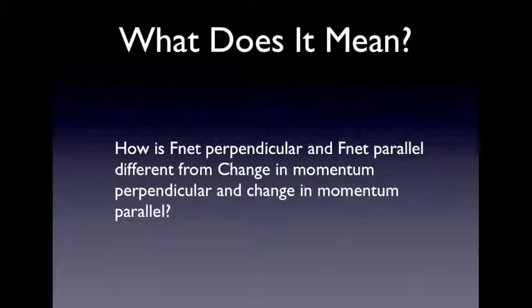One important aspect to keep in mind is that the parallel and perpendicular components of the force are different than those of the momentum, because the momentum components describe to what extent the motion is changing, whereas the components of force describe what is causing such motion change.